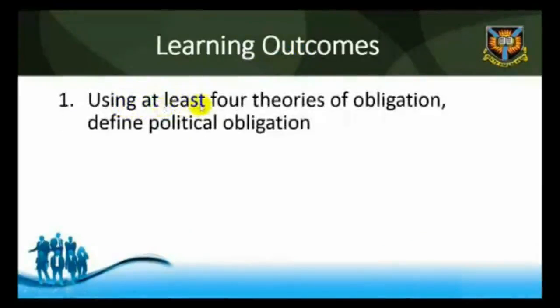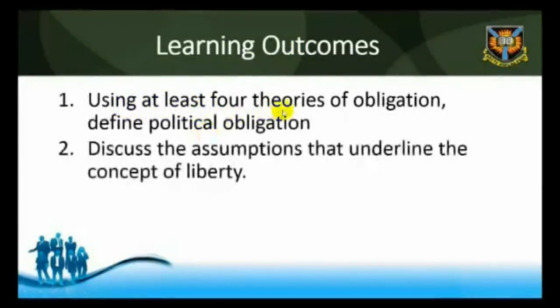When you have studied this study session, you should be able to explain what political obligation is using at least 4 theories of obligation, discuss the assumptions that underlie the concept of liberty, and describe what justice is.